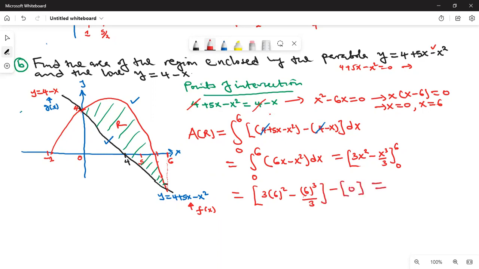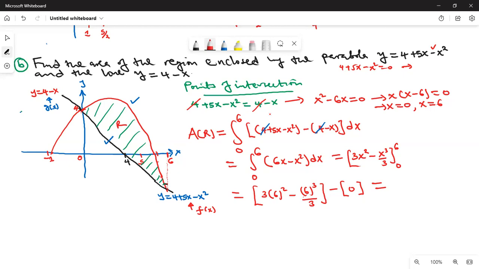And so the result is 6 squared is 36 times 3. You can work out that. Press that in your calculator to get, we are saying now 36 times 3 minus 6 cubed, then we divide that by 3.